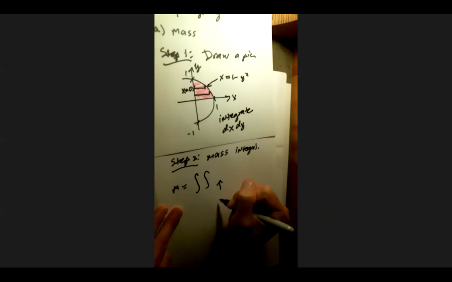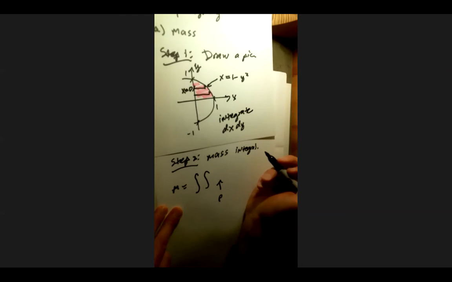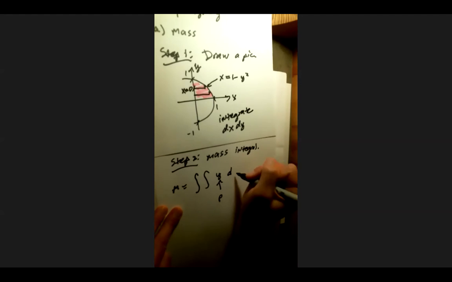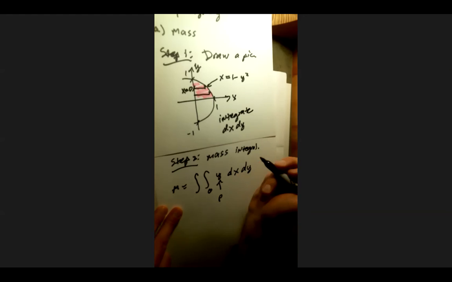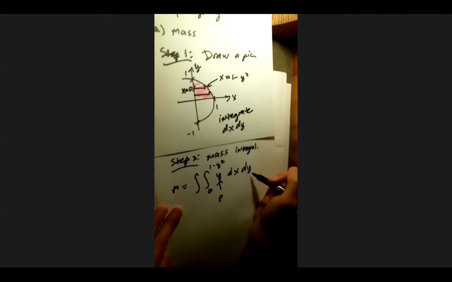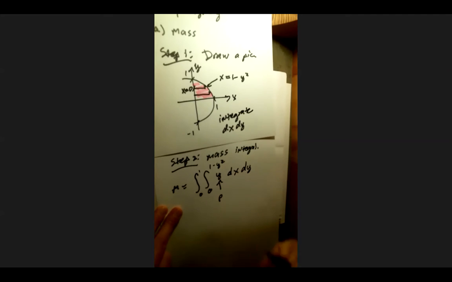We need to put in our density function, rho, which in this case I believe was just y. And we decided we're going to integrate dx, dy. Our x's are going to go from 0 to 1 minus y squared. And our y's will go from 0 to 1.